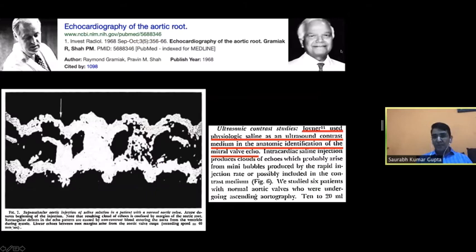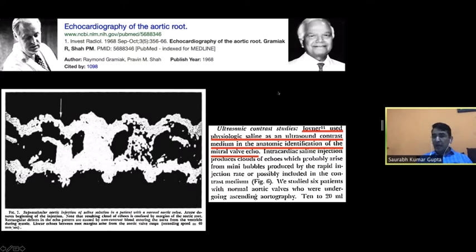Now, it was the sagacity of Gramiak and Shah who took this forward, and this was the image which you just saw. This was the injection made in the supra-aortic position in the catheterization laboratory. As you can see here, this black square is the blood coming out of the ventricle at the time of systole, and this part of the aorta is opacified by the saline contrast at the time of diastole.